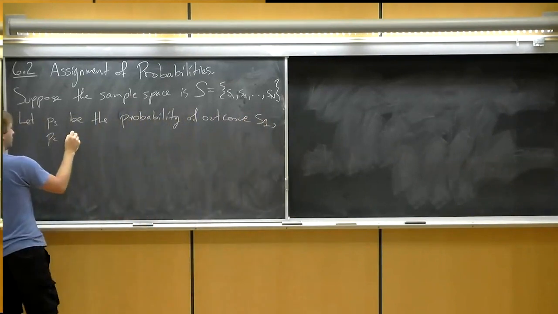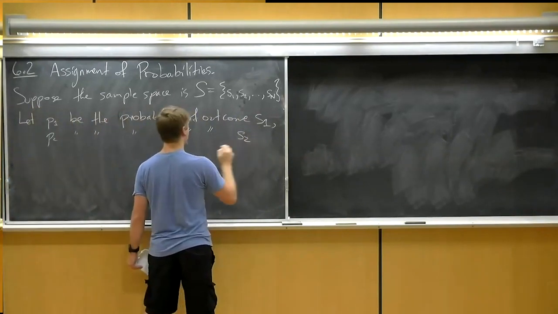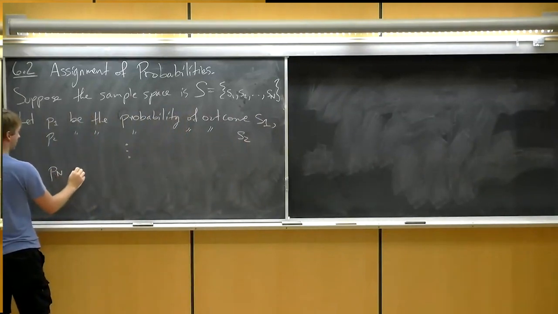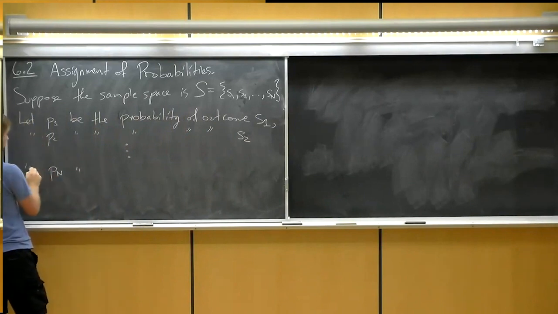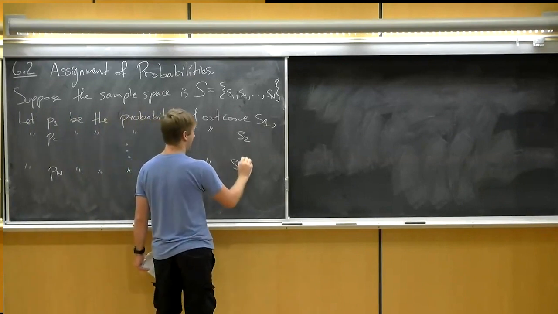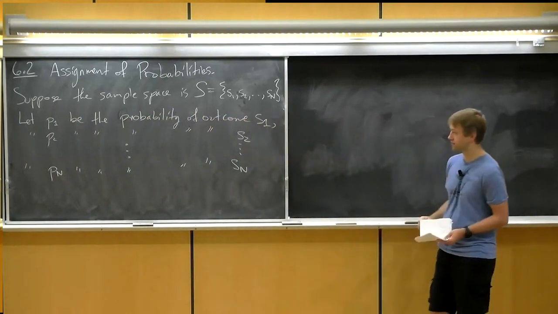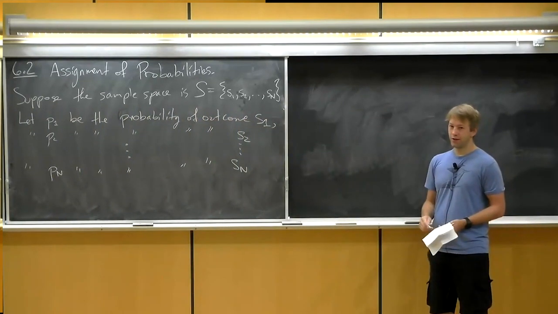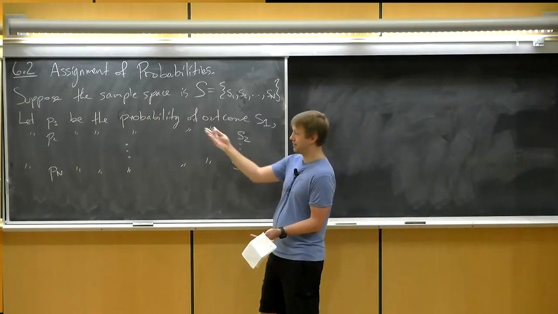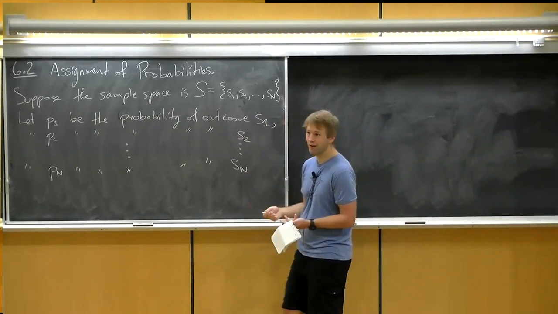Similarly, P2 is the probability of outcome S2, and so on, and let Pn be the probability of outcome Sn. So when you do the experiment, the probability of S1 is P1, the probability of S2 happening is P2, and so on.